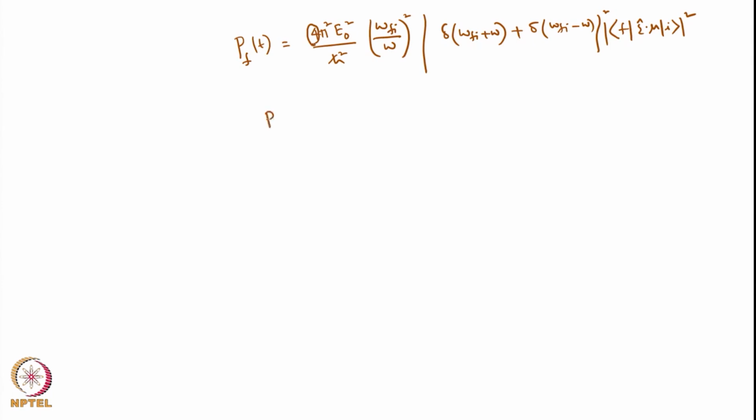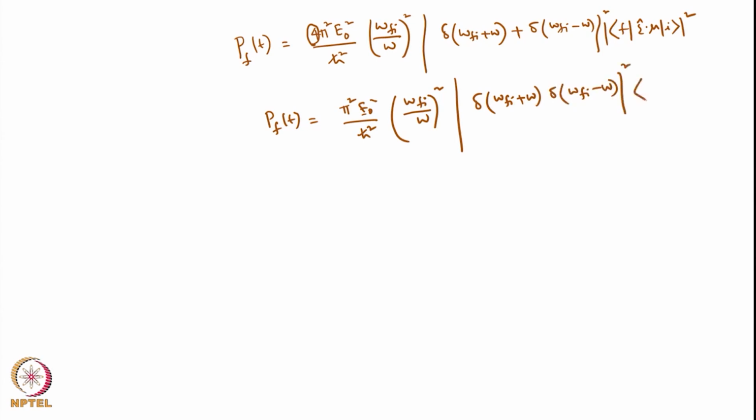So P of t is just given by pi square E naught square by h bar square into omega Fi by omega square, delta omega Fi plus omega, delta omega Fi minus omega square, modulus of half F epsilon dot mu I whole square.